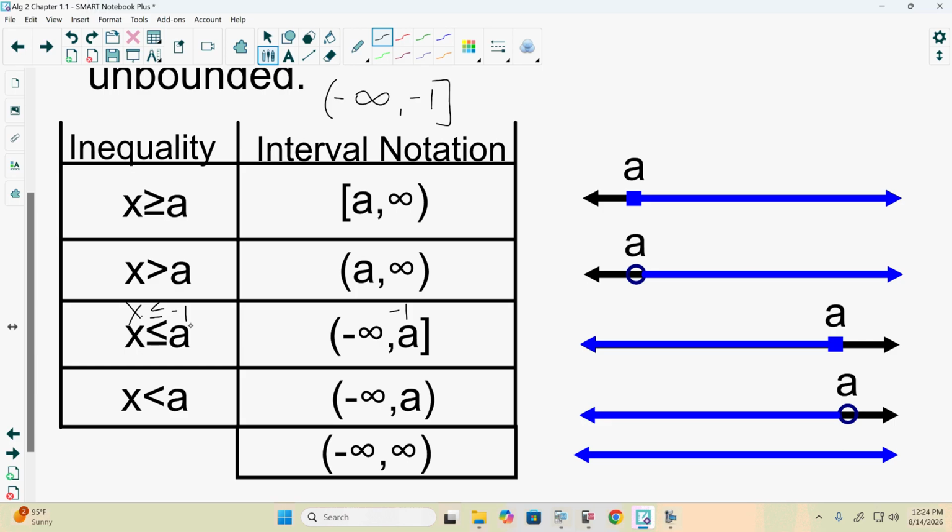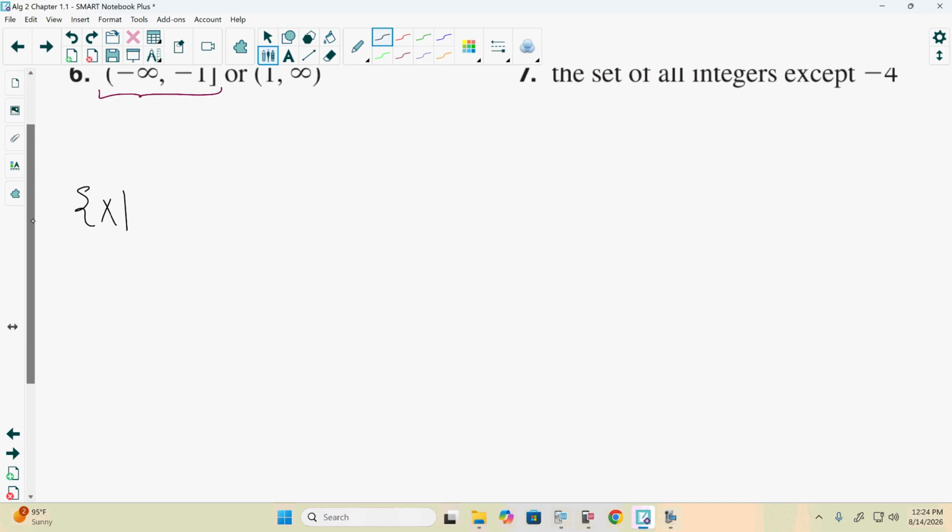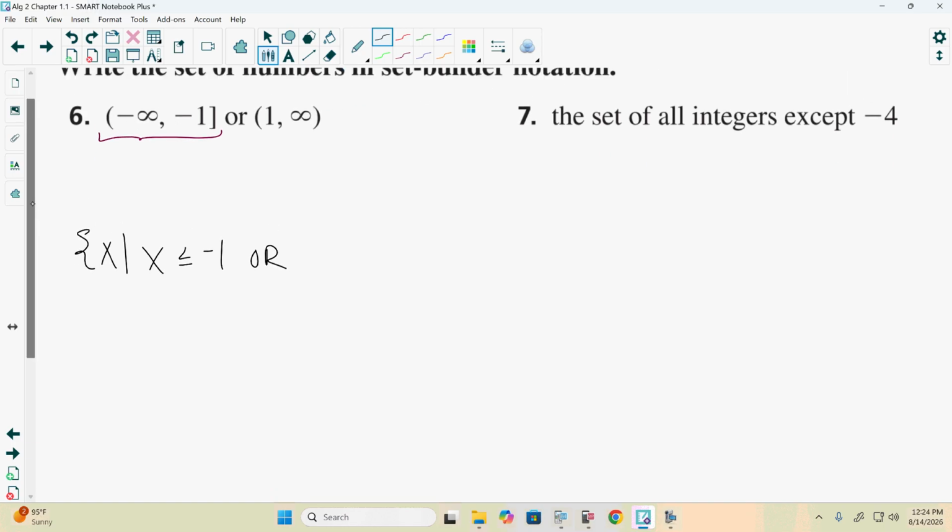See the distinction between the two? It's very slight, but it's easy to get them mixed. So we know the first part of this is x is less than or equal to -1. Now, yes, we could have written it below it and then stuck it into the set builder, or we can just throw it right into the set builder. Less work.